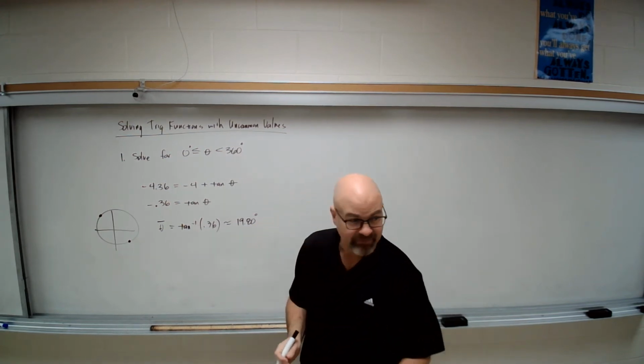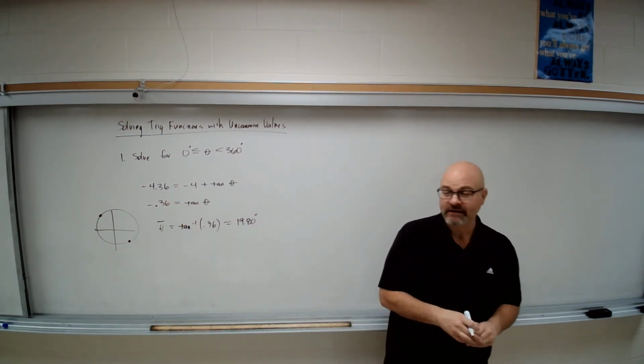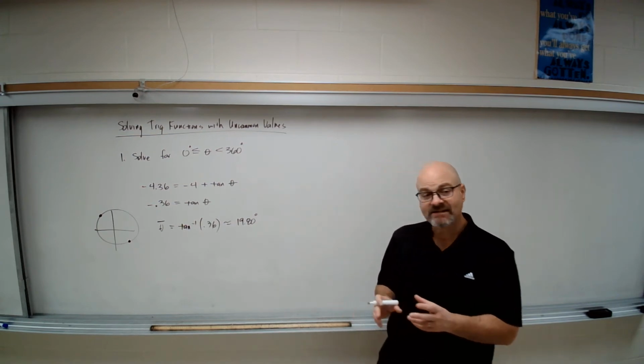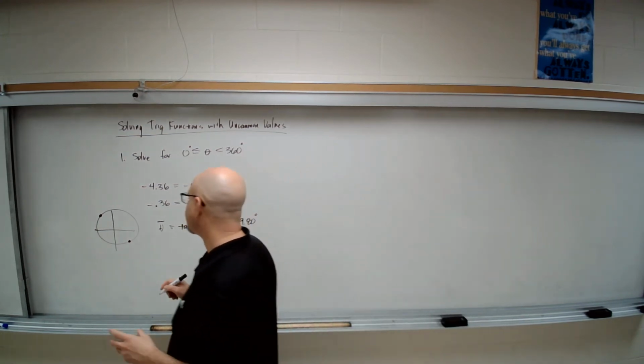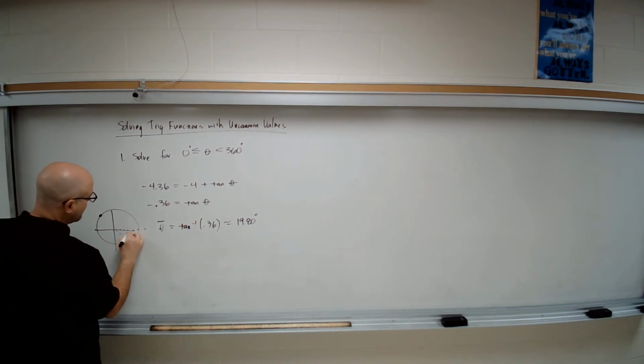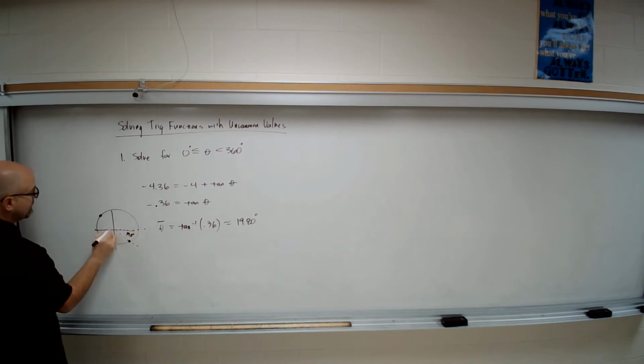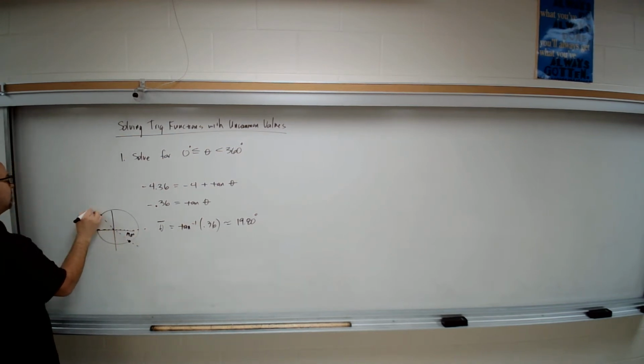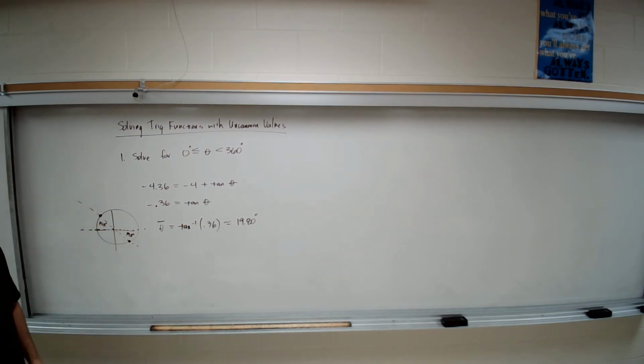That just doesn't happen there. Okay, but what we do know is that this is the reference angle. So that means that this angle here is 19.8, and that this angle here is 19.8. Does that make sense there?